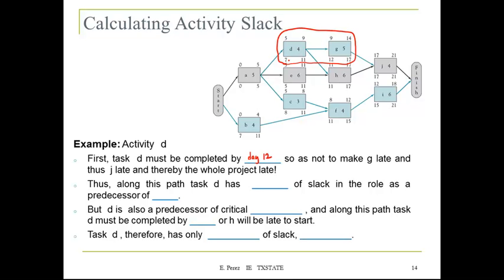So first, let's look at that portion of the network. It must be completed by day 12, so that it does not make G late, and thus late, and thereby the whole project late. Thus, along this path, task D has 3 days of slack in its role as a predecessor of task G.